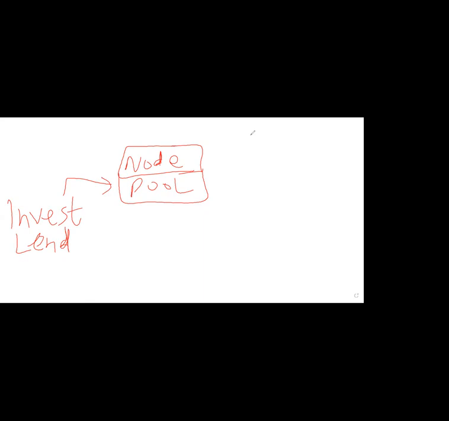Okay. Now, what do we have on the other end? We have people that are borrowing, right? So this is a two-way street. We have loans coming in, right? Okay. So now these loans are connected to DEX. What is DEX?